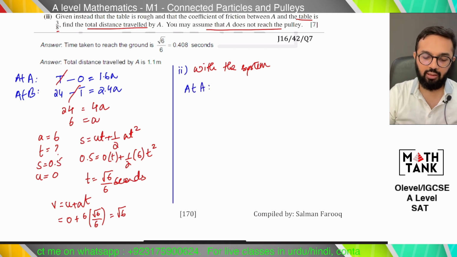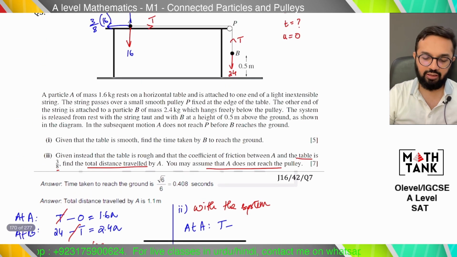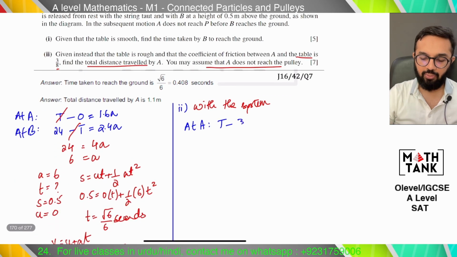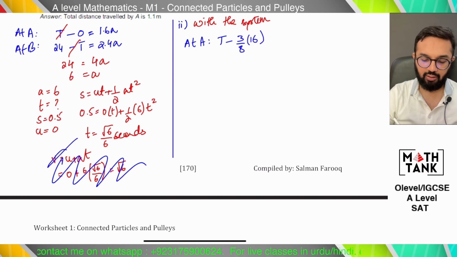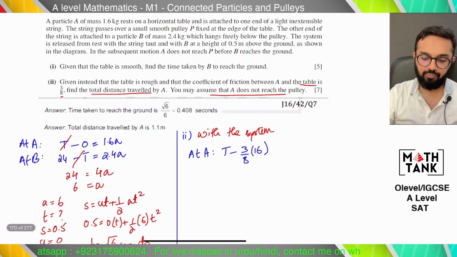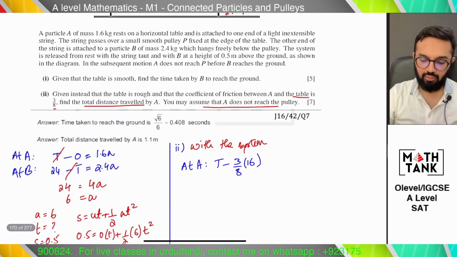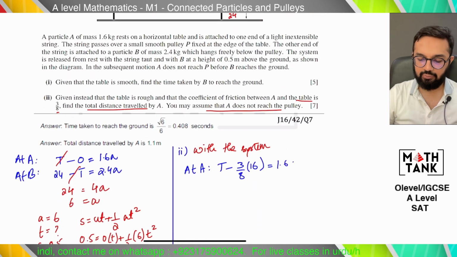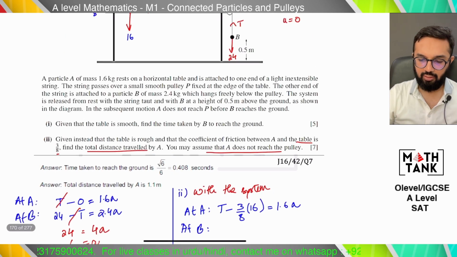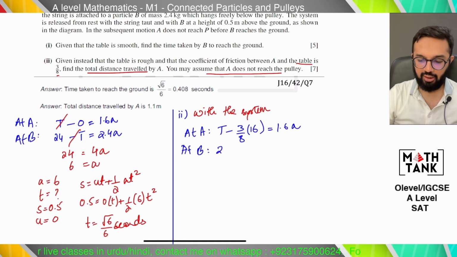At A, what is now happening is T minus 3 over 8 times 16 equals 1.6a. At B, it is the same thing because there are no forces that are changed there, 24 minus T equals 2.4a.